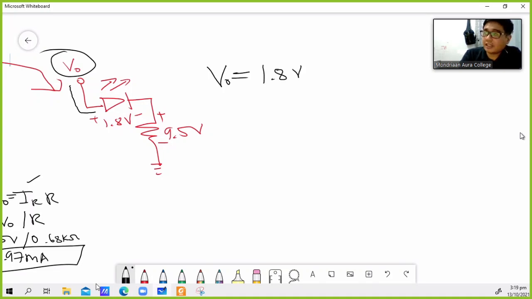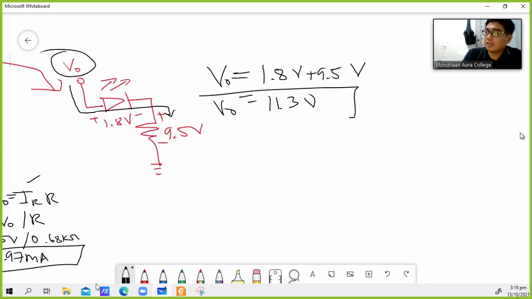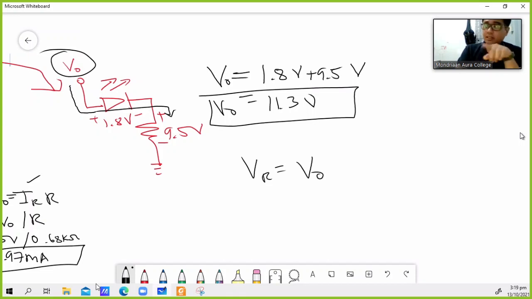Okay? And then dadaan ka dito. So plus 9.5 volts. So yan ay equal sa 1.8 plus 9.5 is equal to 11.3 volts. So this is now your output voltage. Yun ang sinasabi ko na hindi palagi VR is equal to V out. Hindi palagi yan. Not always. Depende kung saang test point, kung nasaan yung test point.